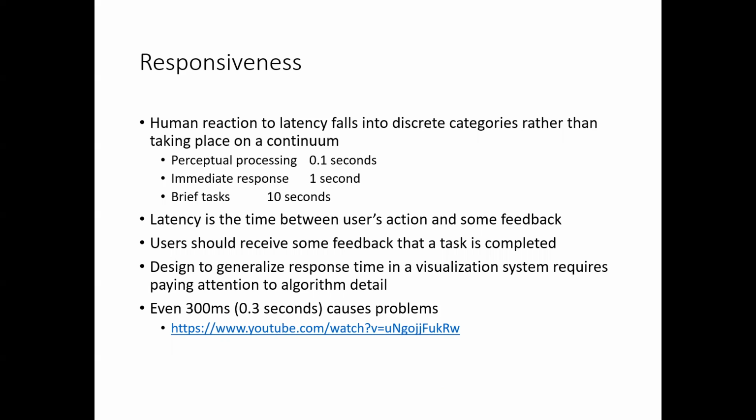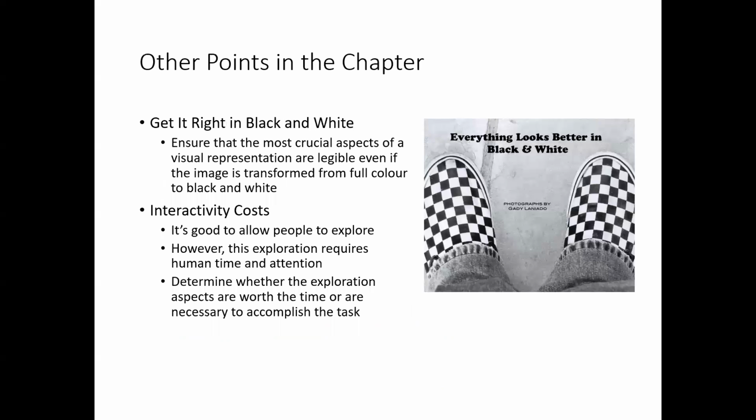Users should receive some feedback that a task is completed. And designing to generalize response time in a visualization system requires paying attention to the algorithm detail. How long are these algorithms taking? Are they giving us feedback quickly enough? And again, because some of these chug through memory quite a bit, they can actually cause a delay that's not tolerable for the end users. And even 0.3 seconds can cause problems, and I have a video to show you in the class for that.